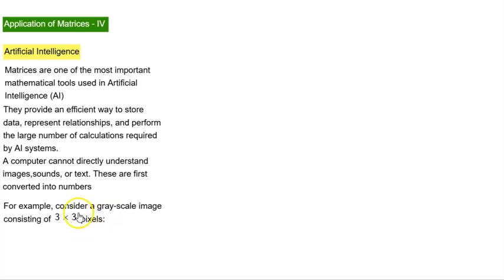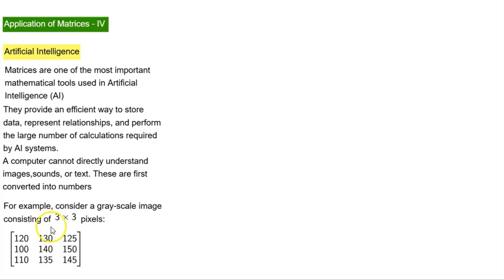For example, consider a grayscale image consisting of 3 by 3 pixels. A pixel is just a single smallest point on the screen. So 3 by 3 is practically too small, but let's take it as an example to understand it.